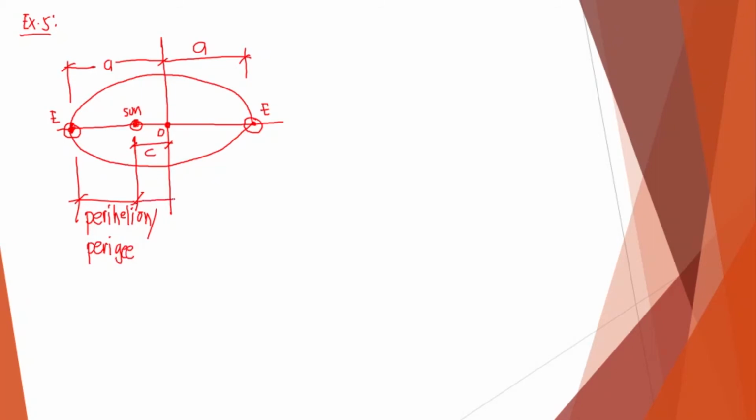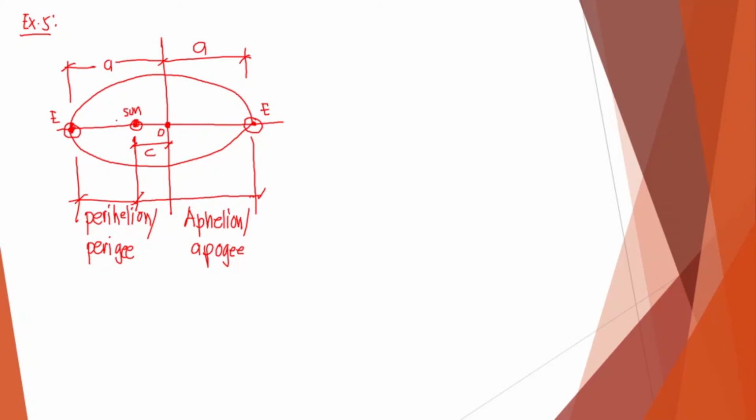While the point of the Earth's orbit that is farthest away from the sun is what we call the aphelion or the apogee. Those are the terms. So do not forget: apogee, farthest, sun and earth; perigee, nearest, earth and sun.